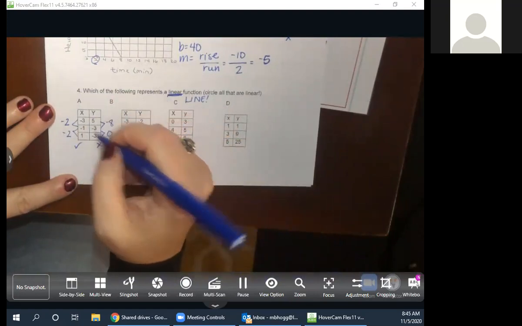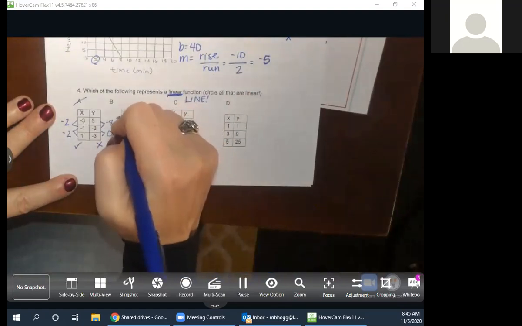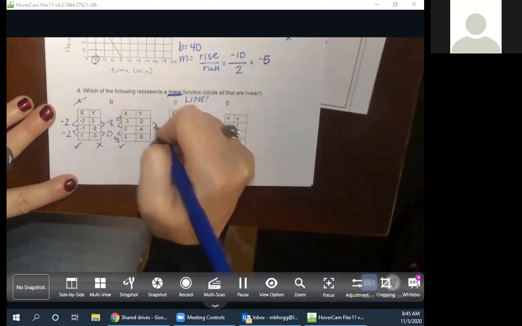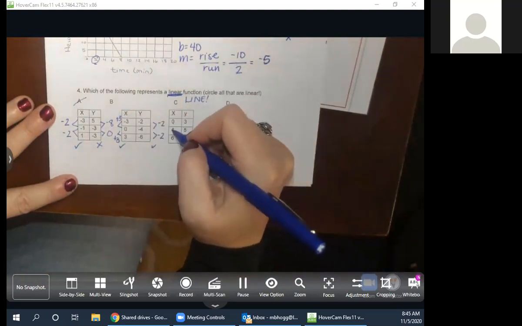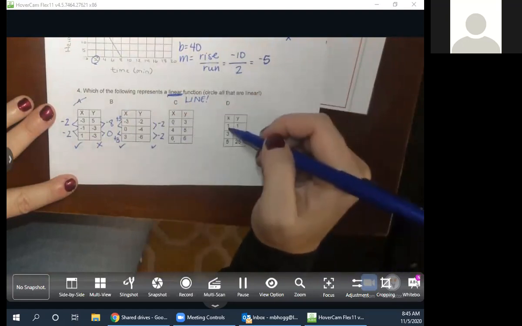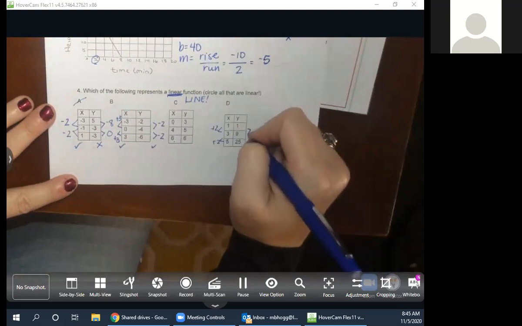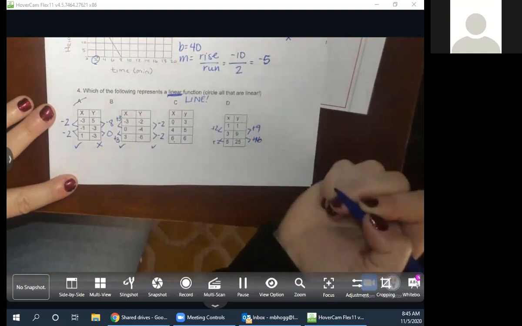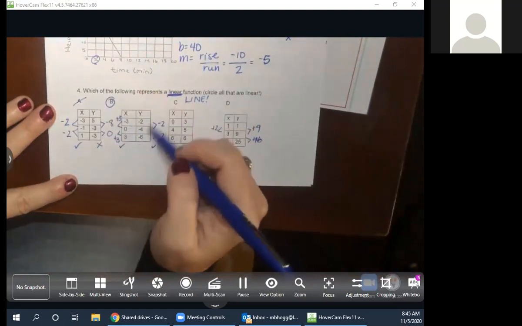Nope, not A. Here we have +3, +3, -2, -2. Oh, looks pretty good on that one. Let's just make sure. No, that's not a pattern. Well, that's +2, +2, +9, +4, 16. So what's the answer? B. B is the only one that has the pattern.